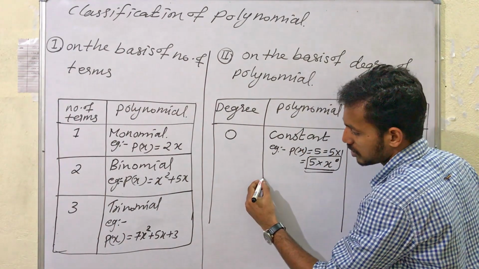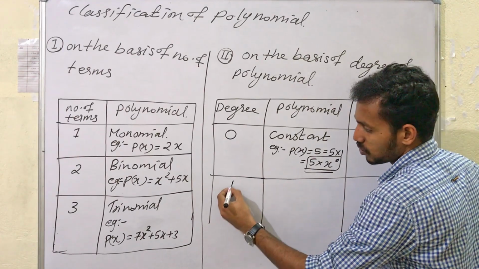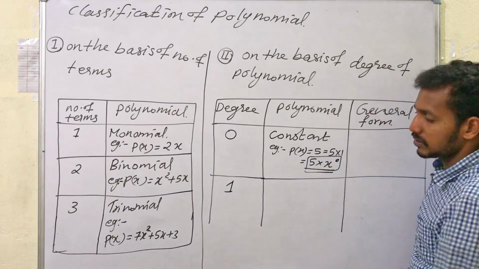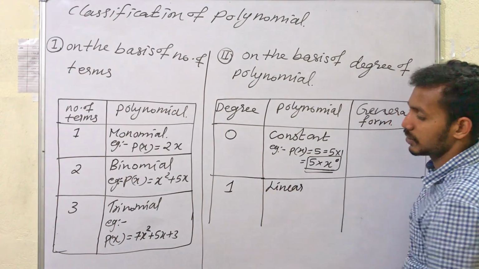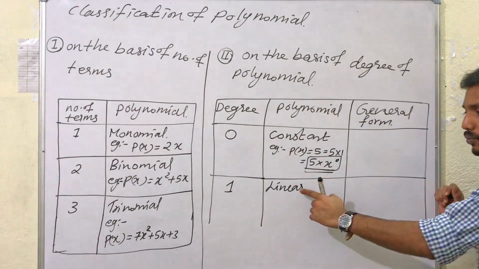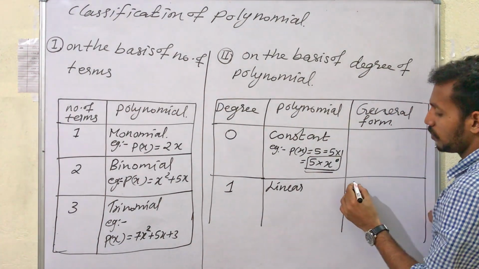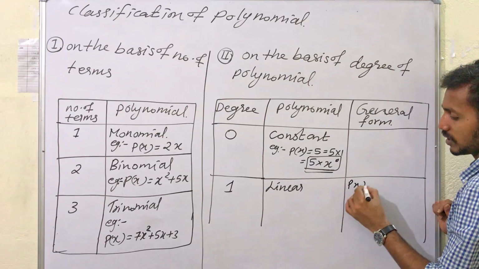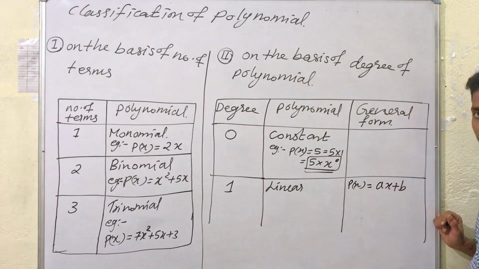The second case is that the degree is 1. That is called a linear polynomial. If the degree of a polynomial is 1, then it is called a linear polynomial. The general form will be ax plus b.